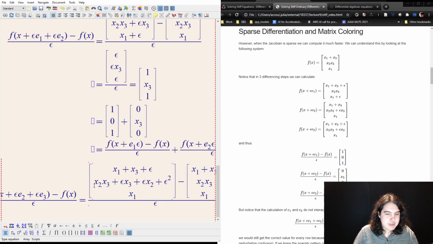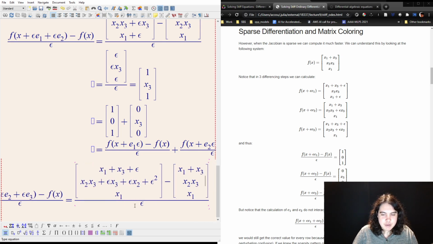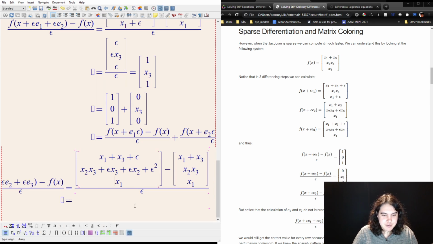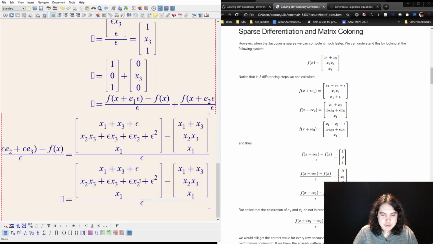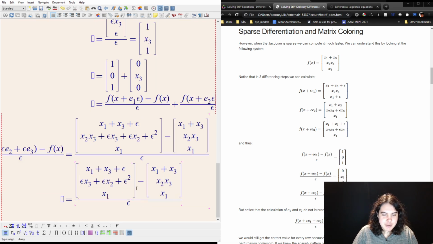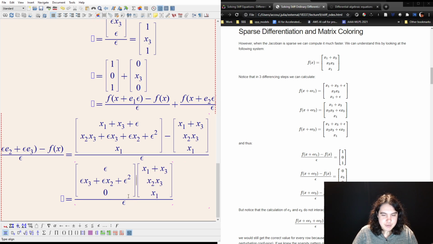Because you had x2 plus epsilon times x3 plus epsilon. So we FOIL this out. So that's not good, right? Because after we cancel it here, we cancel this guy out, cancel this one out, we cancel this out, right?